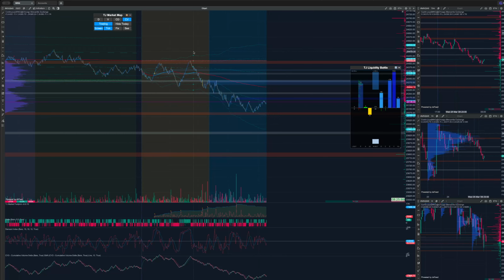We want to look for that area here and this area. When it comes up here, then I'm inclined to go more long, and when it goes here, I'm inclined to go short.